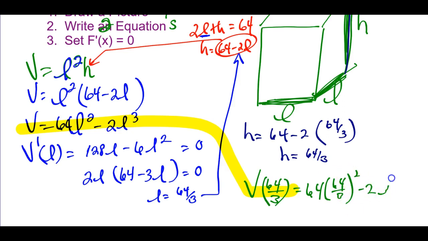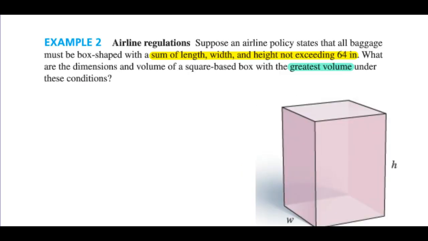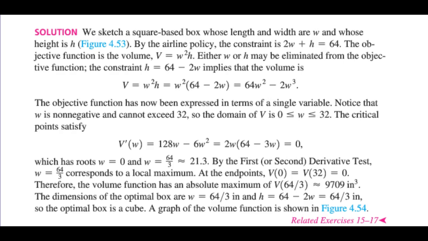Squared minus 2 times the 64 thirds cubed, and find out what that max volume is. And I think that turns out to be around 9,709 inches cubed, yep. And 64 thirds and 64 thirds for the dimensions.